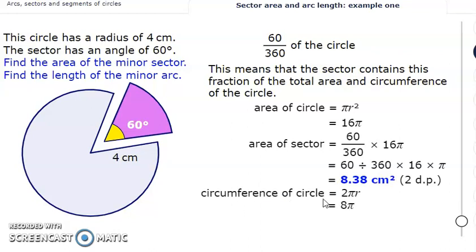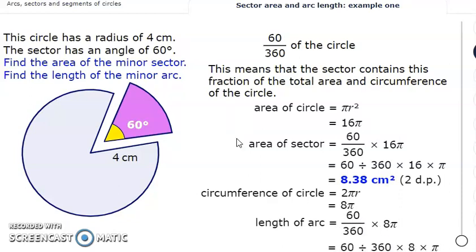And the circumference of the circle is 2 pi r, which is equal to 8 pi in this case because radius is 4, so 4 times 2, 8 pi. And length of arc will be 60 by 360 times 8 pi. Length of this arc will be 8 pi times 60 by 360, which finally gives us 4.19 centimeter, the length of the arc.